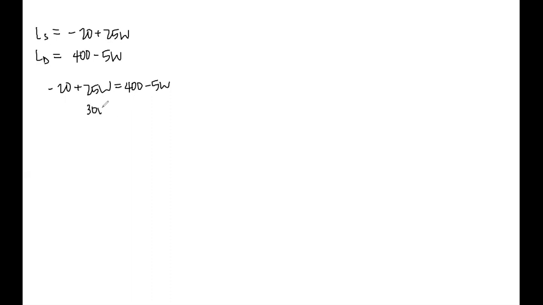So 30W on the left equals 420 on the right. So we get an equilibrium wage of $14. Plugging that back into either one, I'm going to use the second one. We get equilibrium level of labor of 400 minus 5 times 14. So that gets us 330.